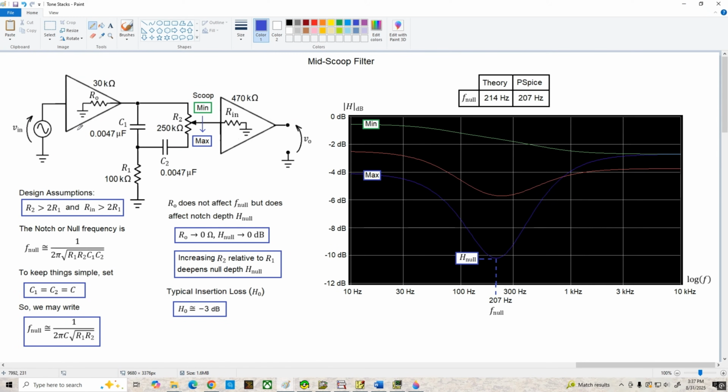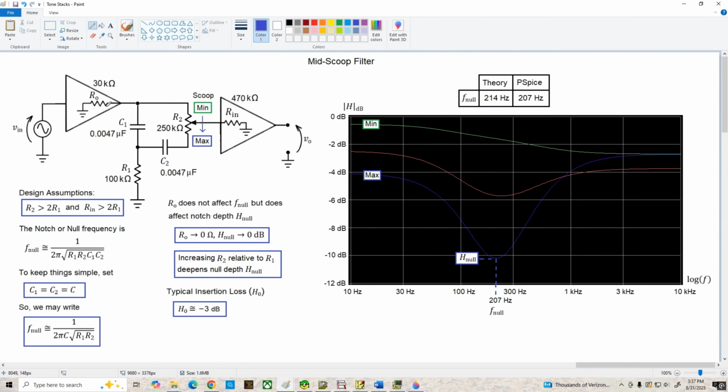Now let's talk about the output resistance of the amplifier driving the tone control for a second. RO doesn't affect the frequency of the notch in our filter response, but it can affect the depth of the notch. The smaller RO is, generally the less deep this notch will be. If RO was equal to 0, we'd get a flat response curve and the potentiometer would just act like a volume control.